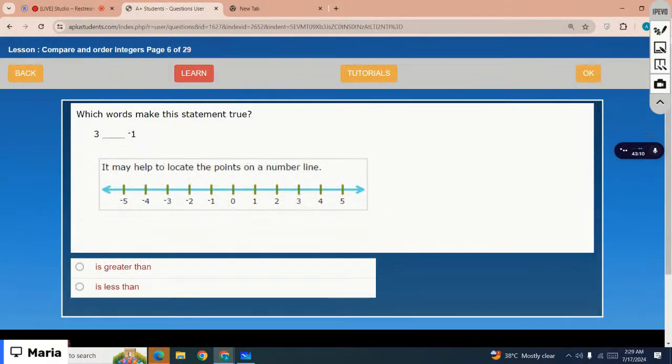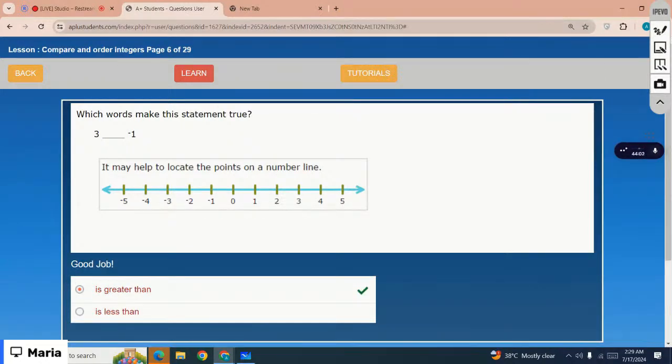Which words make the statement true? 3 and -1, which is the correct option? 3 is greater than -1 because 3 is a positive number, so positive numbers are always greater than the negative numbers.